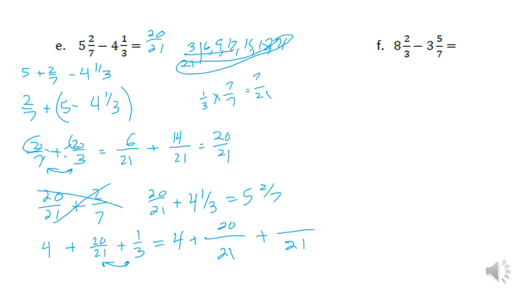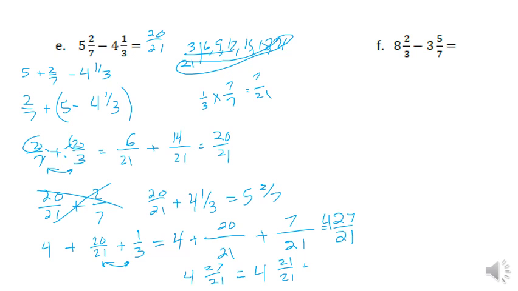In order to change 1/3 into 21sts, I can see I have to multiply by 3 times 7 to get 21, so I have to multiply in my numerator by 7. So I'm going to end up with 7/21. So I'm going to end up with 27/21.